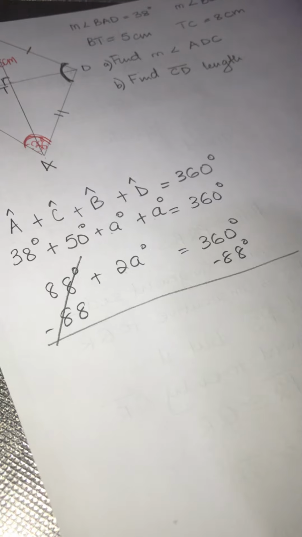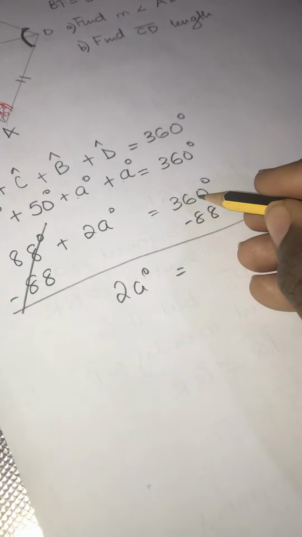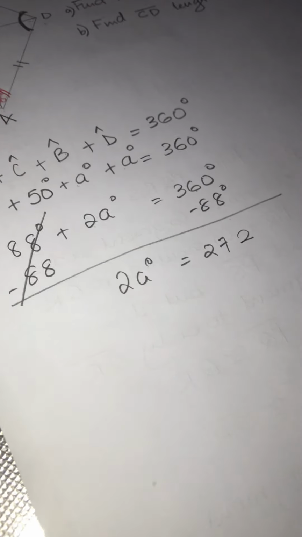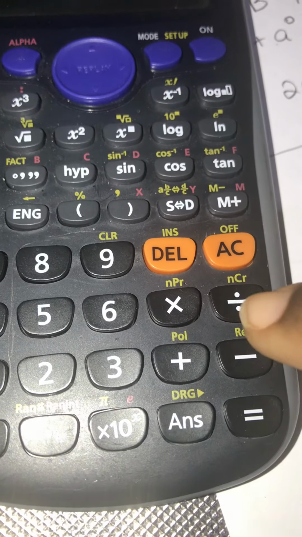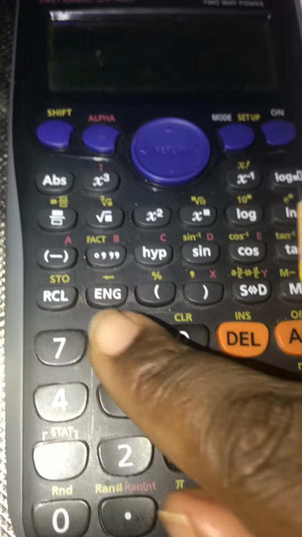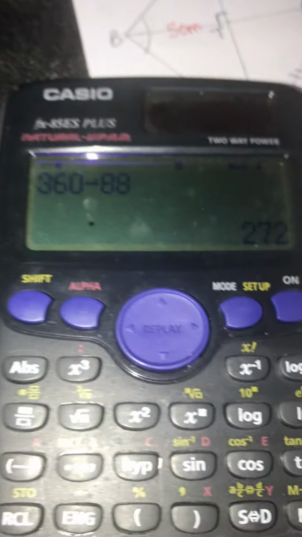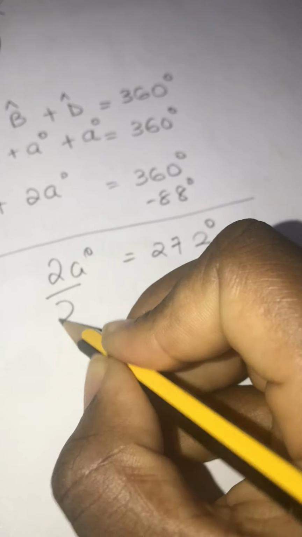Because of additive inverse, that goes away. 2A equals 272. Confirm with your calculator. 360 minus 88 is 272 degrees. Divide both sides by 2.